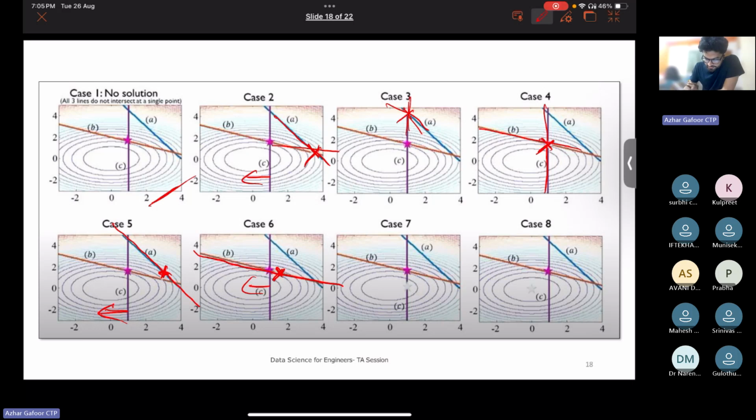And in the seventh case, we took only one active constraint. Then we got the solution somewhere here. If you see, this solution is also tangent to the function curve. So we got a solution here, but our feasible region is this region, so it was also violating the feasible region.